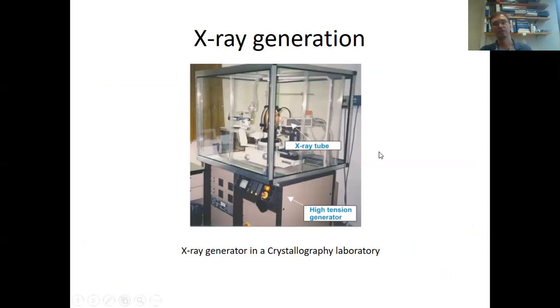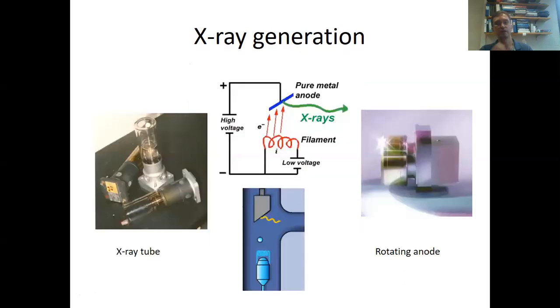So we use an instrument called a single crystal X-ray diffractometer, which contains an X-ray tube where X-rays are being produced using a high voltage. Okay, that high voltage is produced by a high voltage generator within our X-ray diffraction instrument.